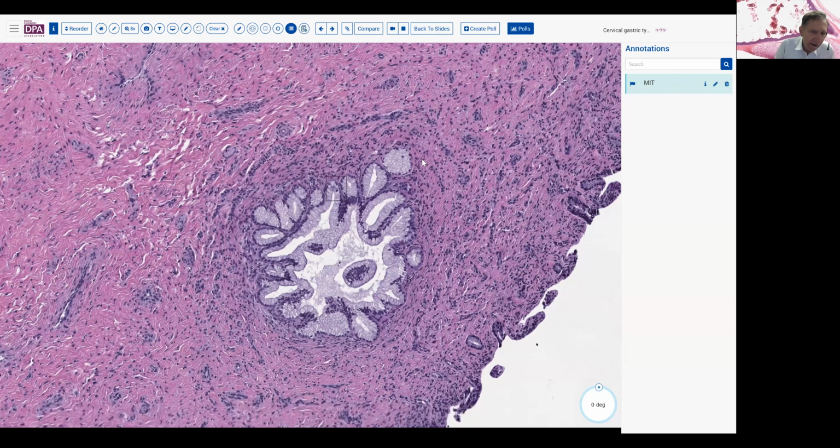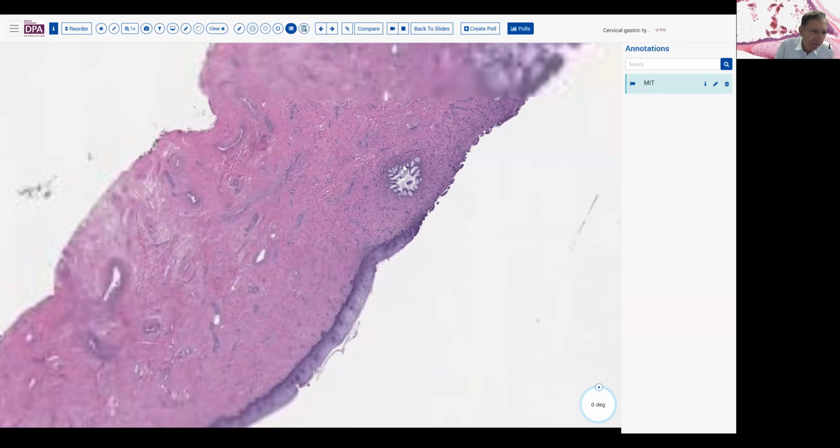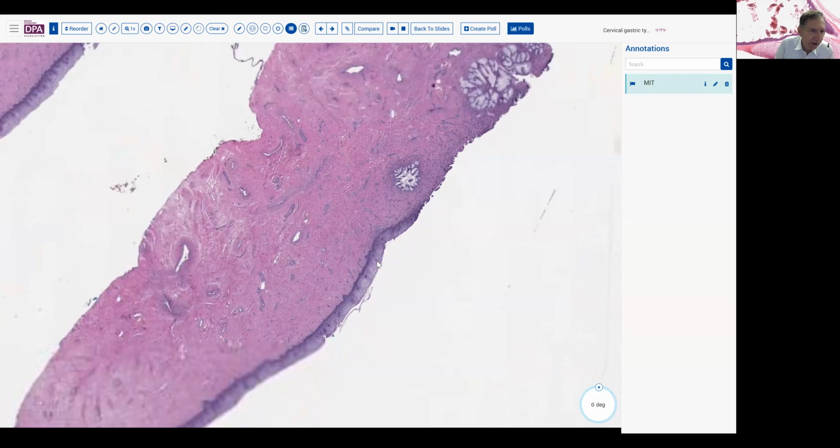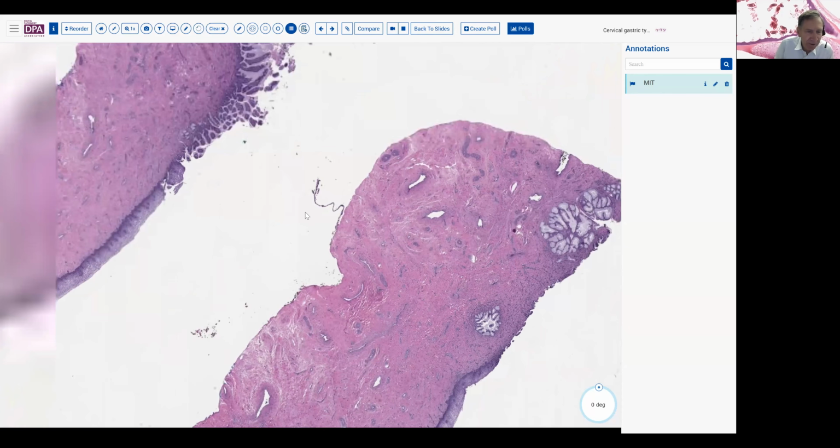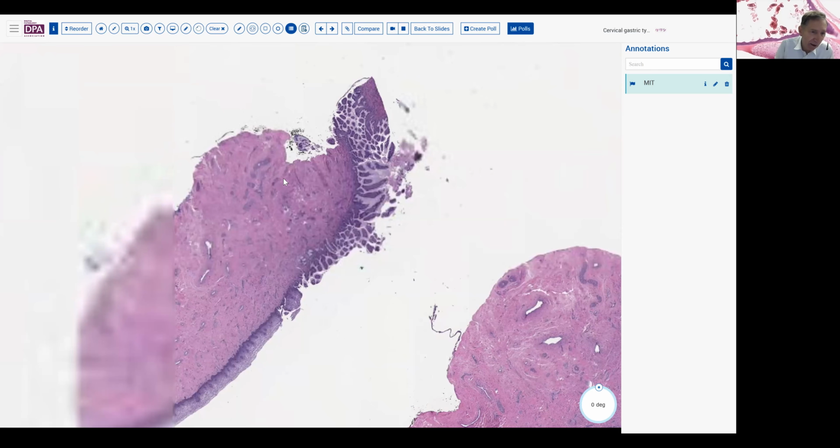So I would say in looking at this slide that I can't verify that the submitted diagnosis is in fact the diagnosis. The cases of minimal deviation adenocarcinoma that I have seen have had an invasive component, which I do not think we have here. But we don't have other reliable markers to identify this de novo.